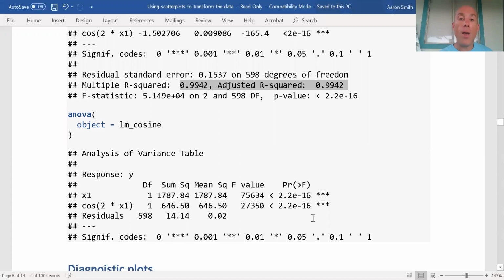Now, what would I have done if this didn't work out? I still believe that this is an even function, so I'm looking towards using cosine in some way, shape, or form.